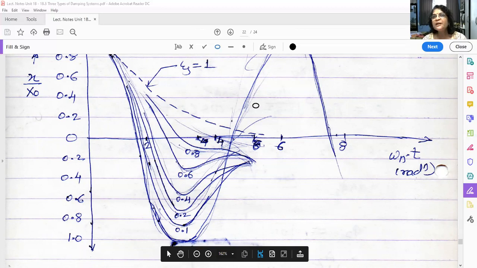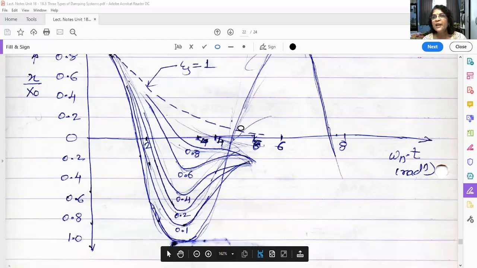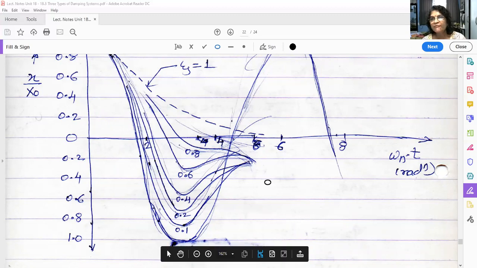It will be further reduced here in the half cycle. Here we have not shown it, but it will be further reduced like this. So in every cycle it will go on reducing. If you draw the graph, the graph will be like this. In every cycle it will go on reducing, and after that it will come to the equilibrium position.